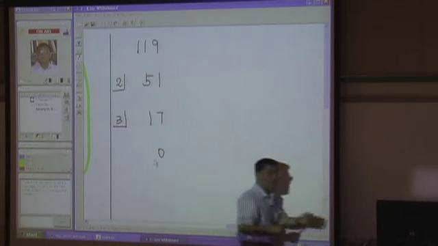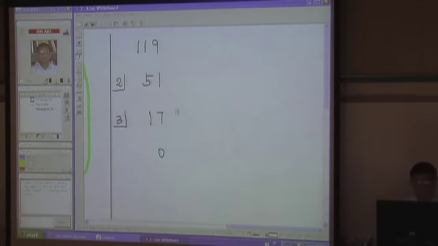But now I will write a statement that looks very trivial. So this is equal to, intentionally I will write this 119 in small font, 119 multiplied by 1 plus the divisor 51 multiplied by 0.